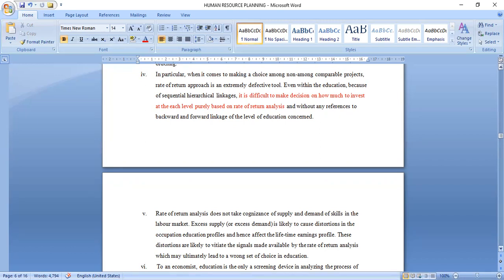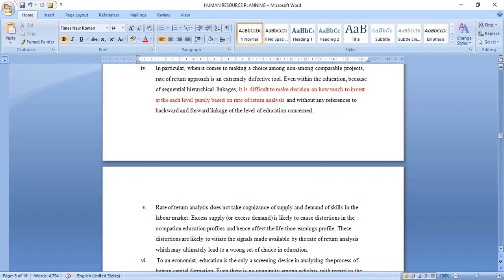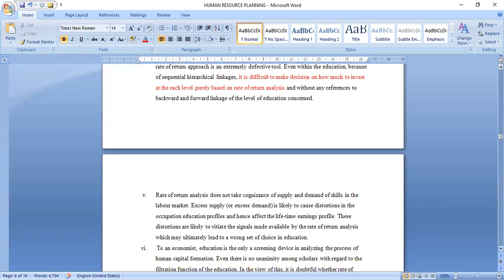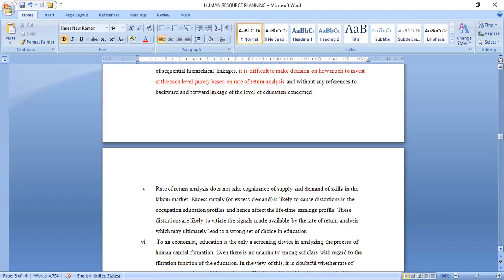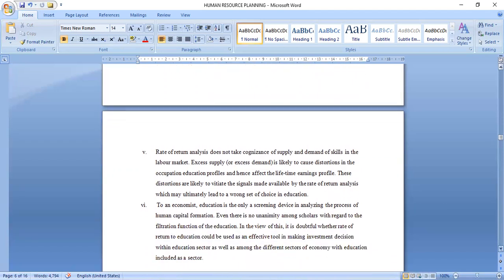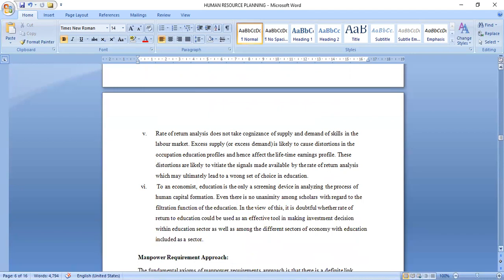But the question would be how much to invest in the education sector. For example, how much should the government invest to come out with positive outcomes in terms of the rate of return?